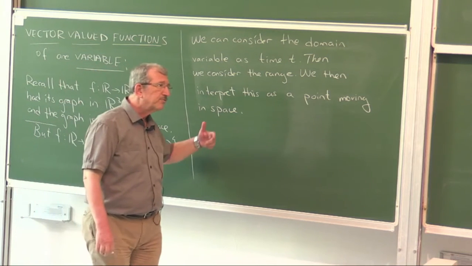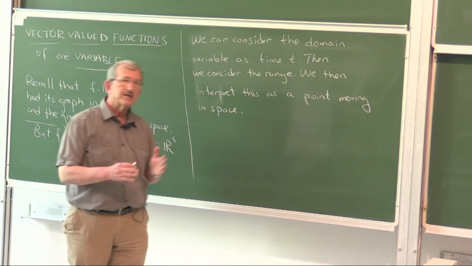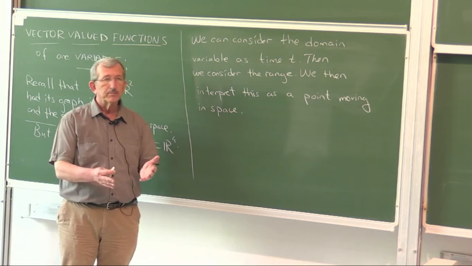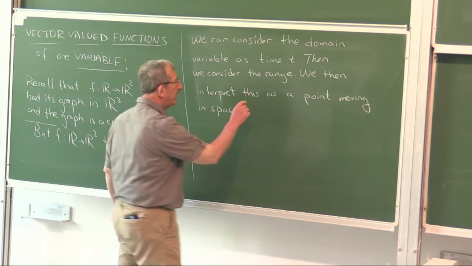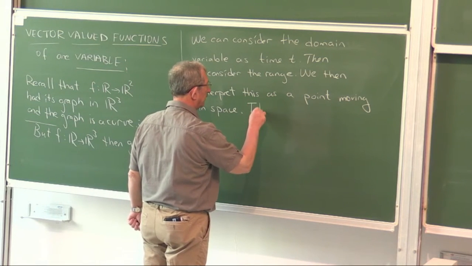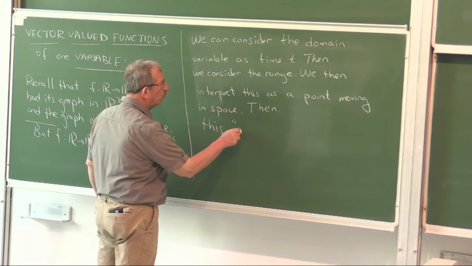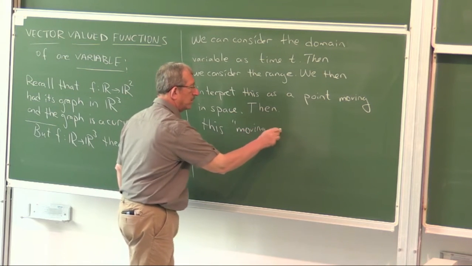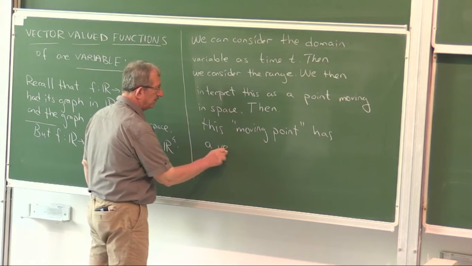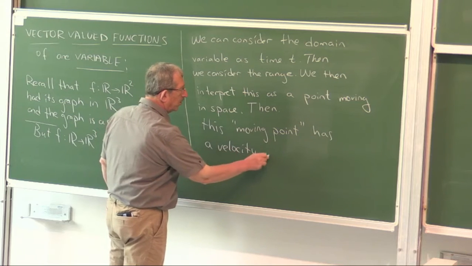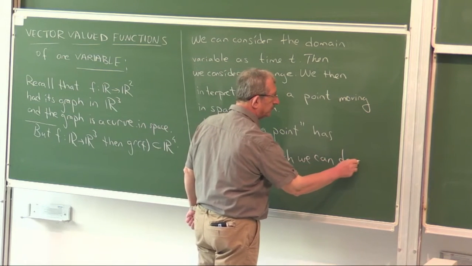But of course, because there is a t, and we interpreted that as time, this movement has a speed. Actually, because it's a vector, a velocity. This moving point has a velocity which we can describe as follows.